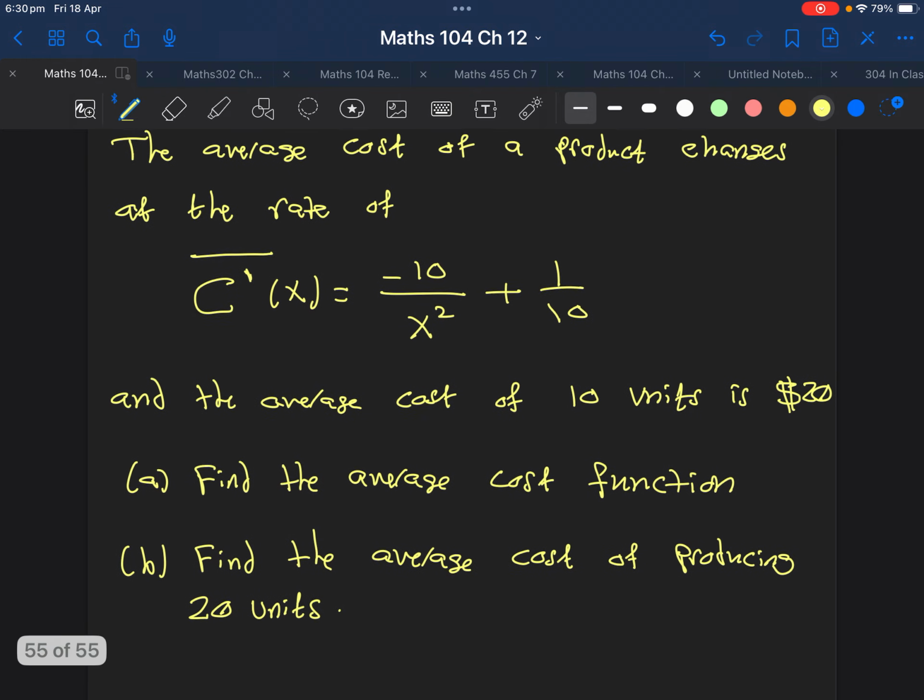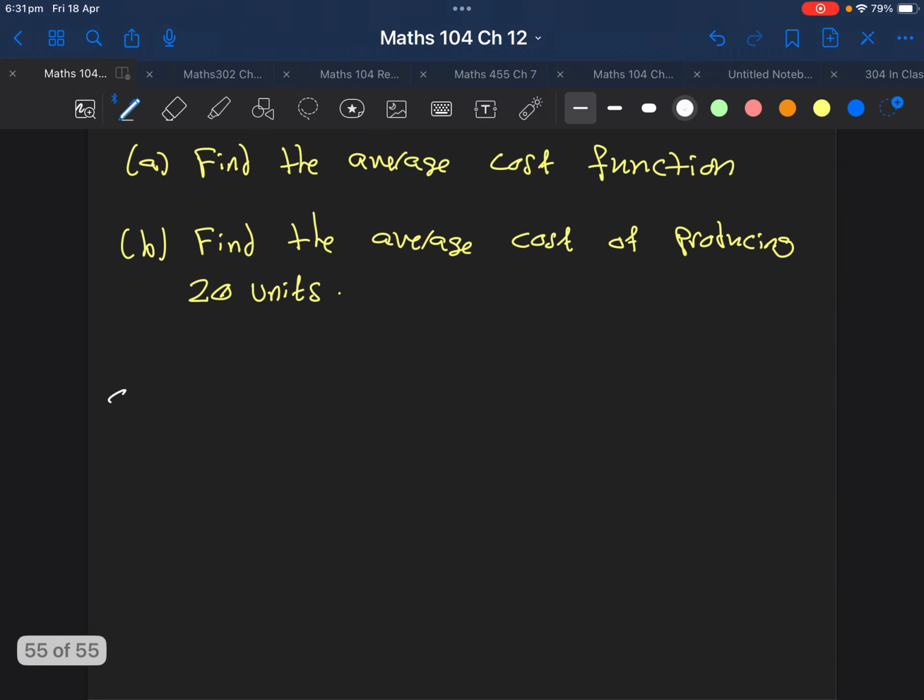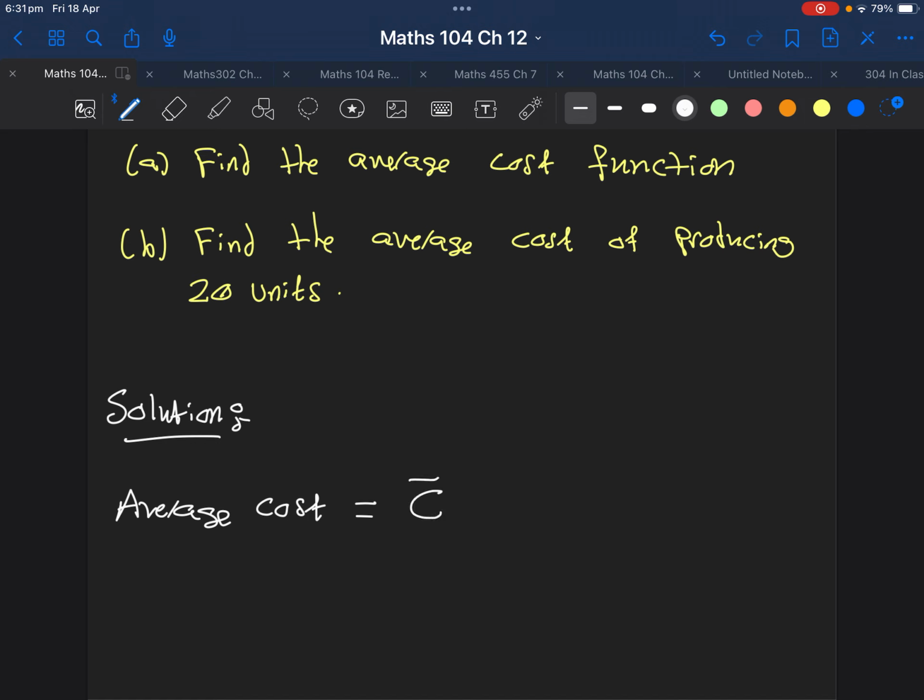So what we need to do here, we will have to go over the same concept. Solution. What is the average cost? The average cost is just C bar of x. If you want to find it, it will be the rate of change, which is the derivative of average cost.